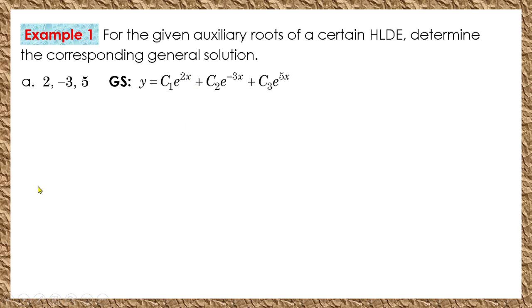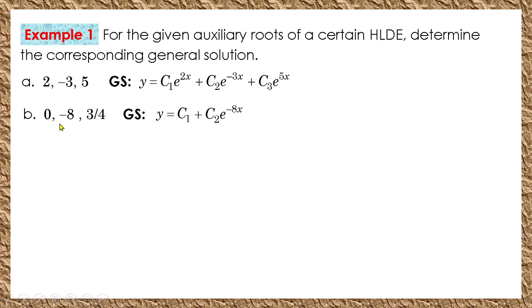If your distinct roots are 0, negative 8, 3/4, so the general solution is what? y equals c sub 1 e to the 0x. But e to the 0 is 1, so they don't write it anymore. So c1 e to the 0x means c sub 1.